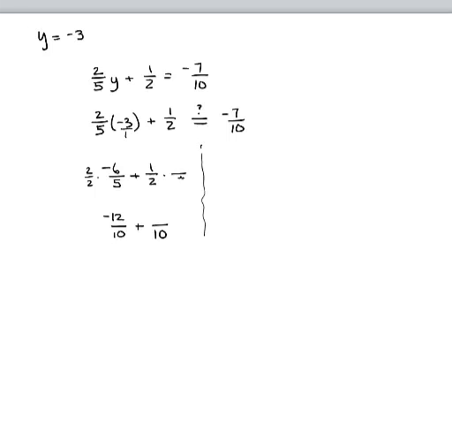And over here, to get it to 10, I multiply by 5 over 5, so I get 5. Keeping it over 10, I have negative 12 plus 5. And sure enough, that's negative 7/10. So negative 7/10 equals negative 7/10, and my answer checks.